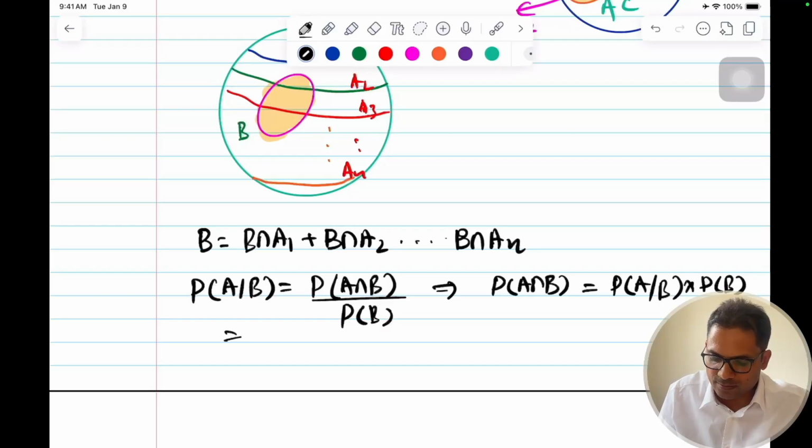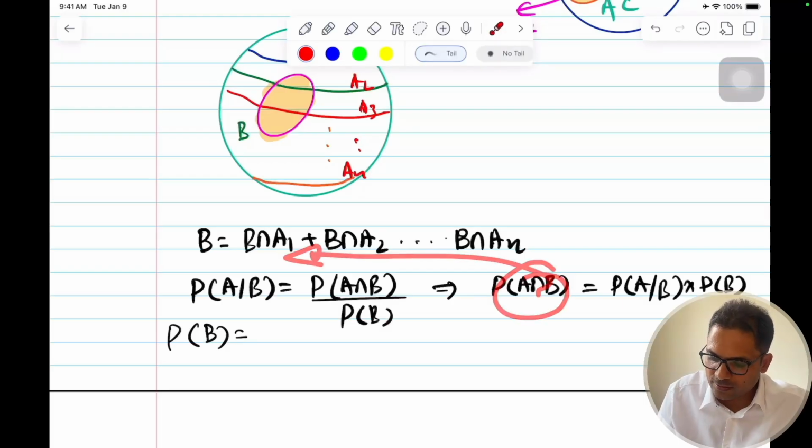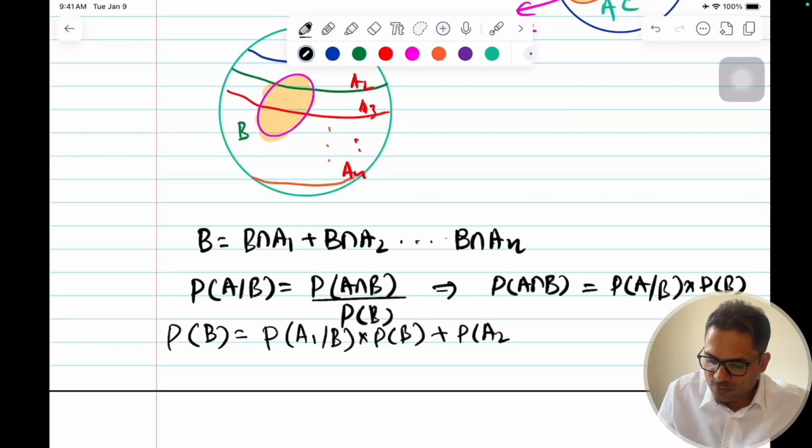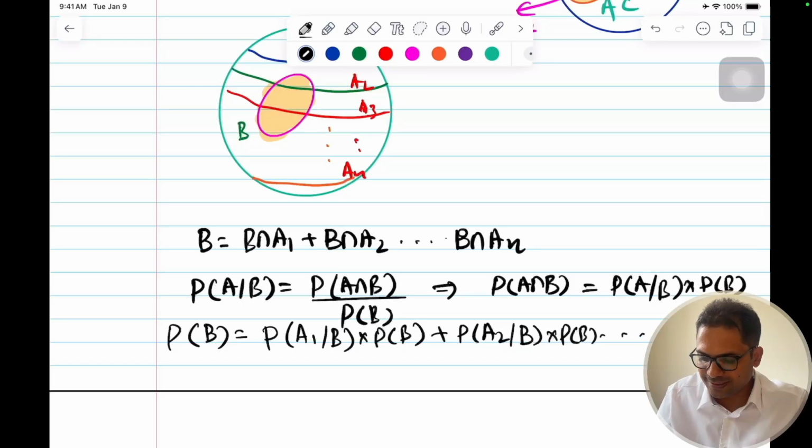Now, each term, just plug it in here. So what will it become? Probability of A1 given B into probability of B, plus probability of A2 given B into probability of B, and so on, right?